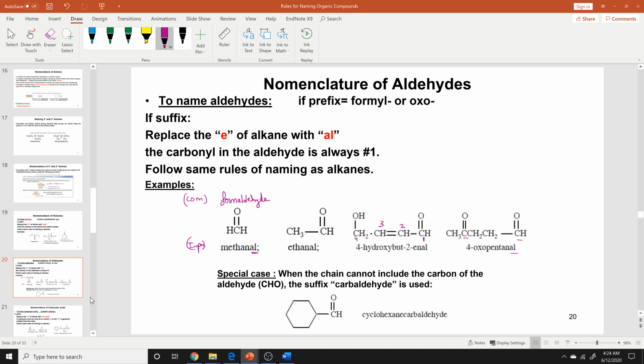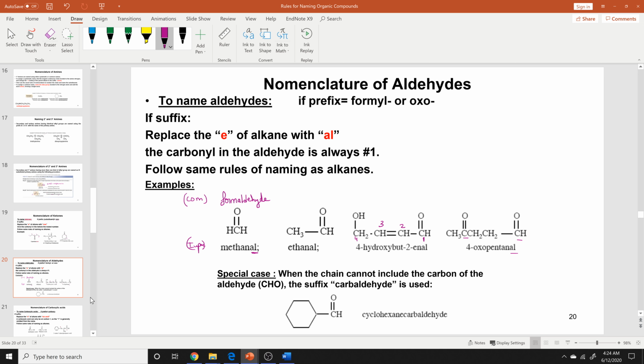Then in this case I need to give my ketone the prefix oxo. So it's going to be oxopentanal. I would know that my aldehyde is on carbon number 1 definitely. Then my other carbonyl is going to be my ketone.